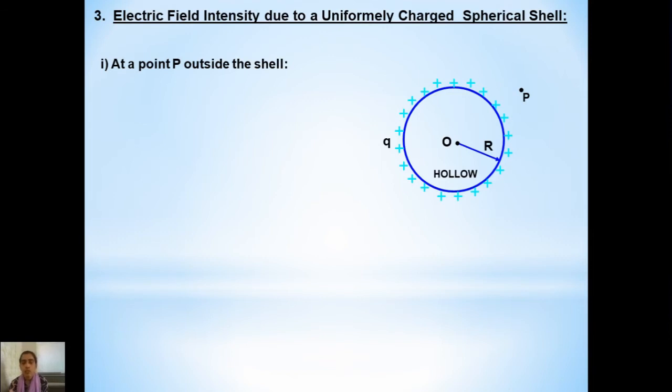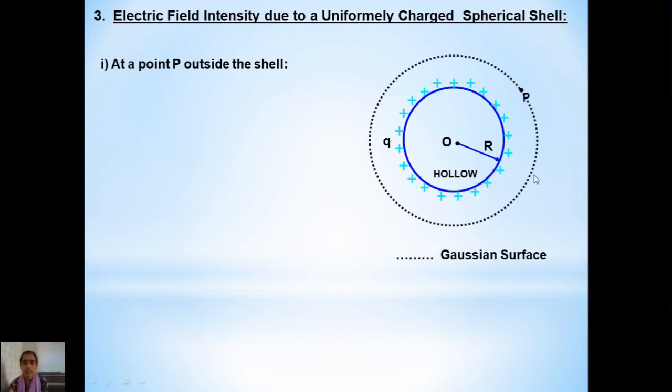So here let us consider this Gaussian surface. I am considering the sphere which is just passing through this point P. A spherical surface I have considered, which is closed and which satisfies all the requirements to be called a Gaussian surface. Let us assume this is the Gaussian surface.